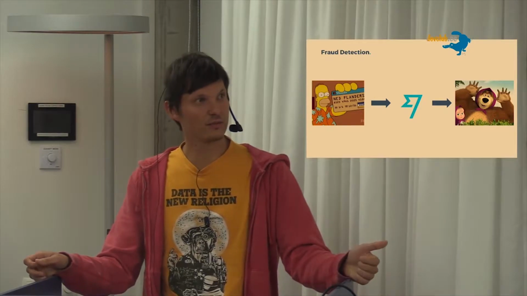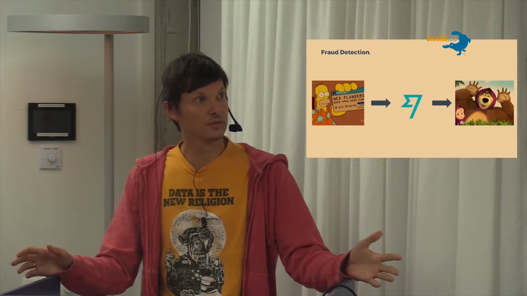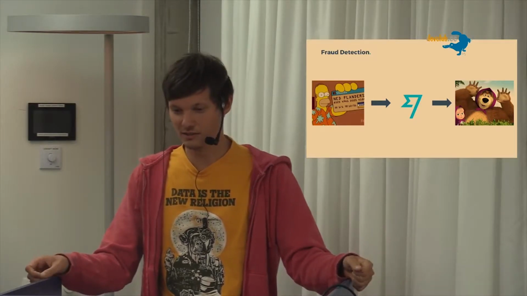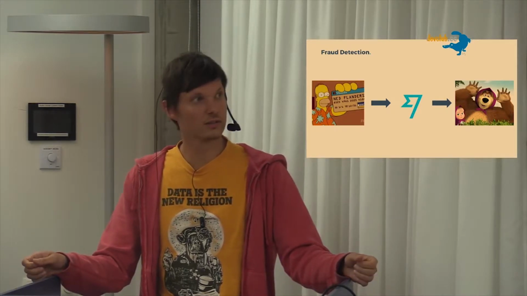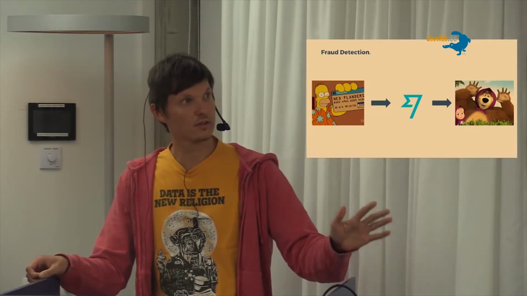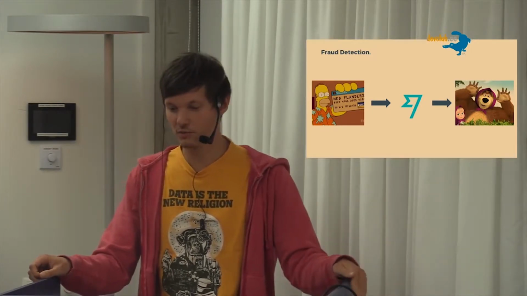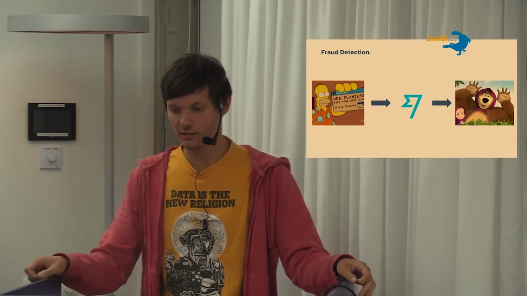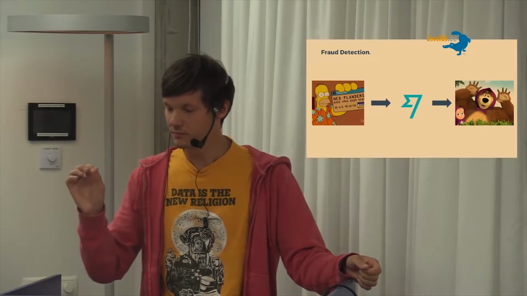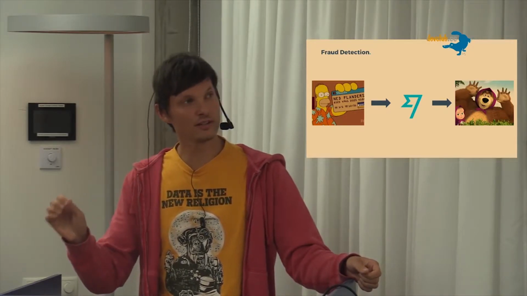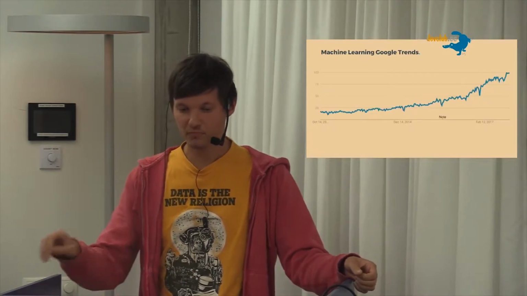Statistically, these kinds of customers don't exist in real life, and there are just no good customers that have the same combination of parameters. We try to find such parameters, and this is where machine learning kicks in.